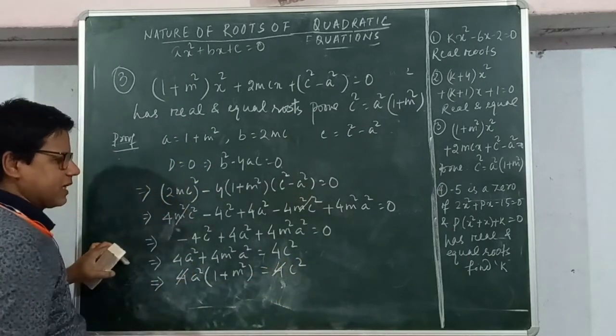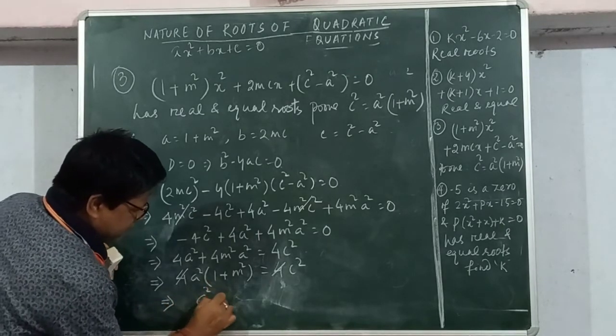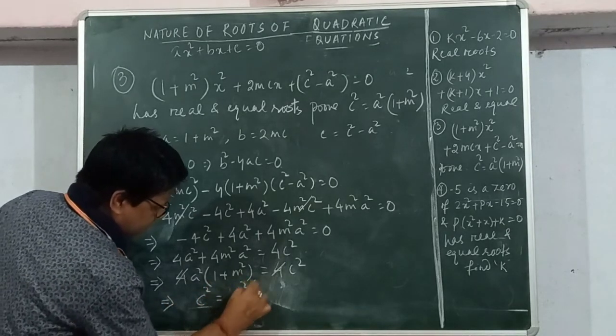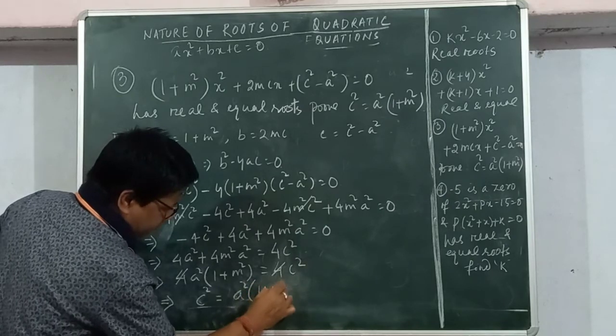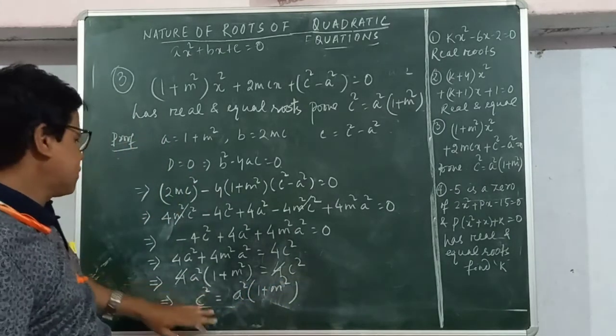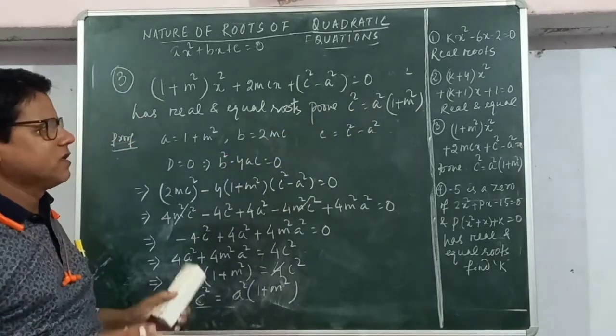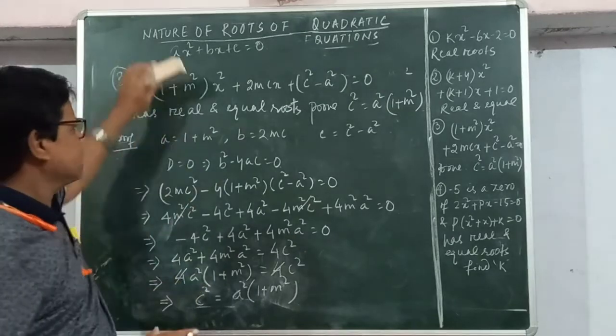Now 4 cancels, which implies that c square is equal to a square into (1 plus m square). This is the proof part.